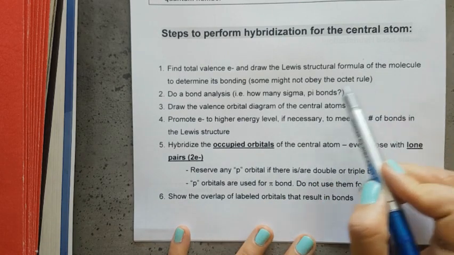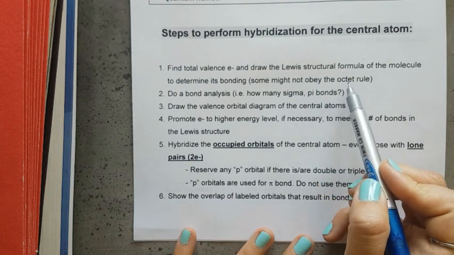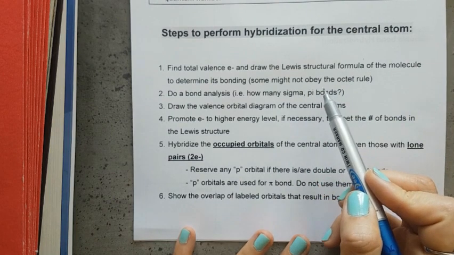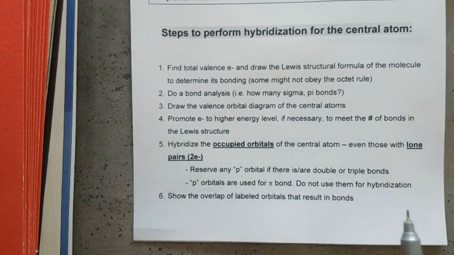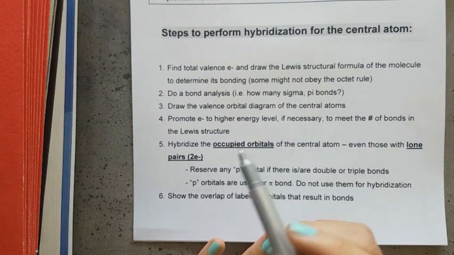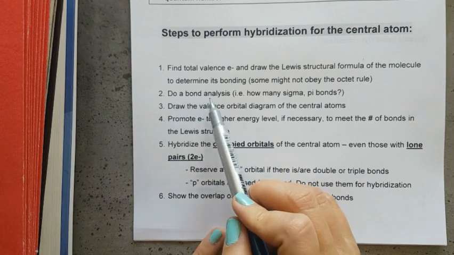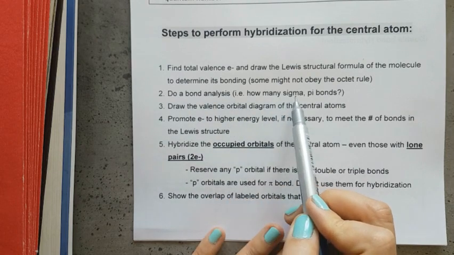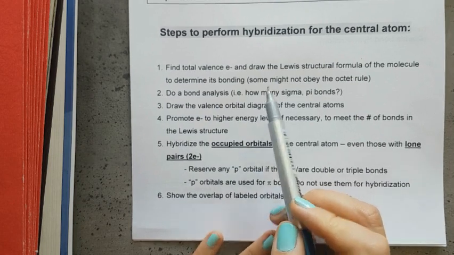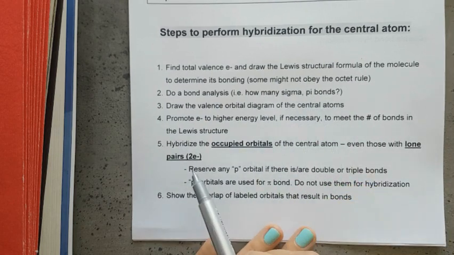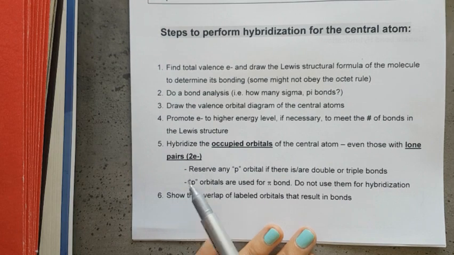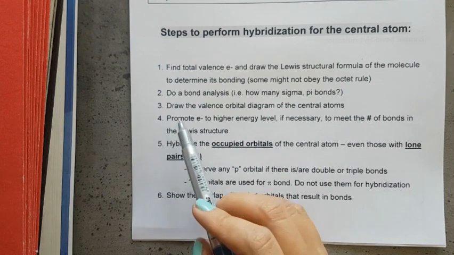And remember that some molecules might not obey the octet rule depending on what the central atom is, especially phosphorus, sulfur, sometimes chlorine, and the halogens, right? And then you do a bond analysis, like counting how many sigma and pi bonds there are. Remember that pi bonds are the bonds involved in multiple bonds that you've seen in the previous lesson.